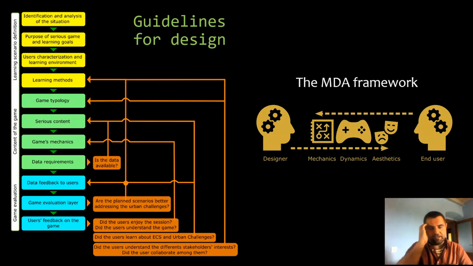The first step, the yellow one, is the learning scenario definition, when you ask yourself who the players will be, what the learning goals are, and what the environment will be: multiplayer, single player, face-to-face, online, these kinds of things. Then the second step is the design, the design of the game proper.